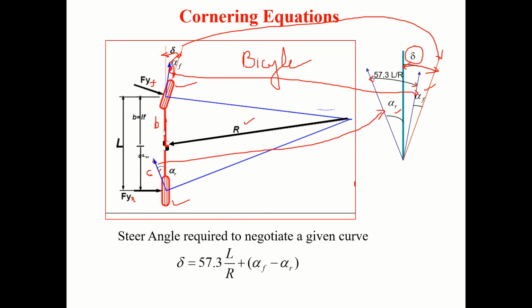Delta equals 57.3 L by R plus alpha F. Correct? Then this will give you this much angle. I want to find delta, so I have to subtract this much angle, alpha R. So delta equals 57.3 L by R plus alpha F minus alpha R. Now let us find these alpha F and alpha R values.